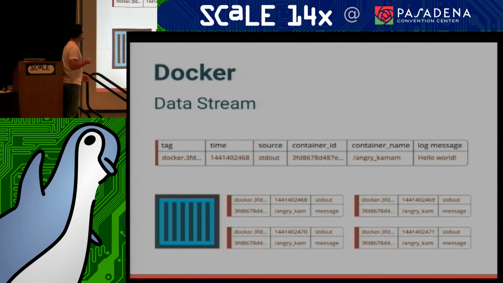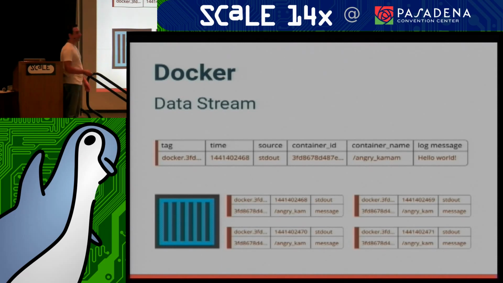The Docker output is pretty good, because when the container is working, it emits some information. Like the tag, you know that each container has its own ID. So you get that information, you get the time, and the source the data comes from: container ID, container name, and the log message.